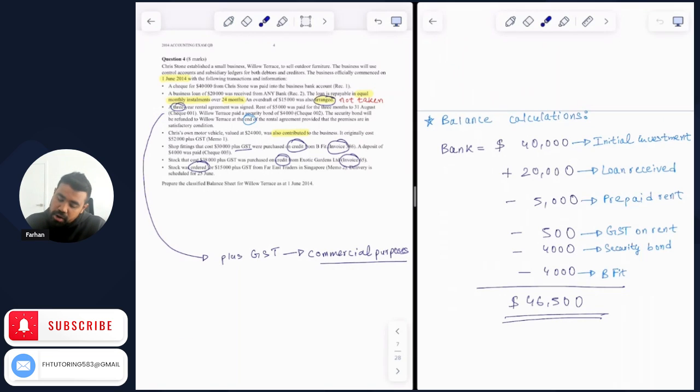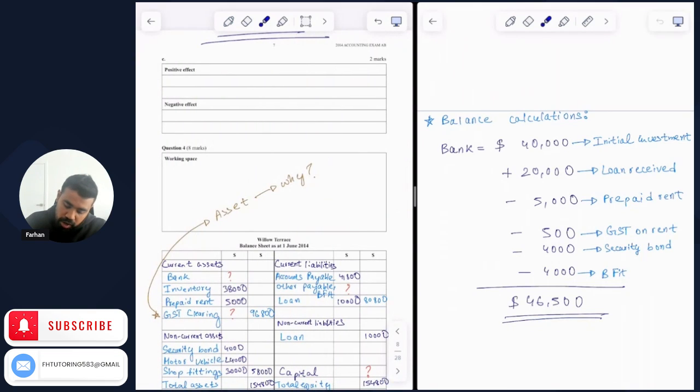Then you paid security bond of $4,000, right? And then you have made a payment of $4,000 to the business from whom we purchased the shop fittings on credit initially. Okay, now altogether you have $46,500 as the final balance for the bank, and that is what we are going to report here. So 46,500. So let me just write that.